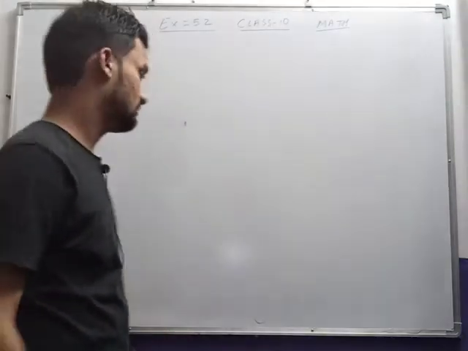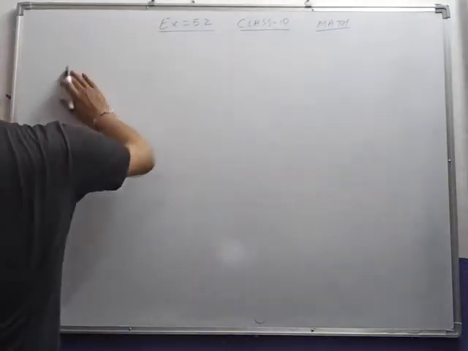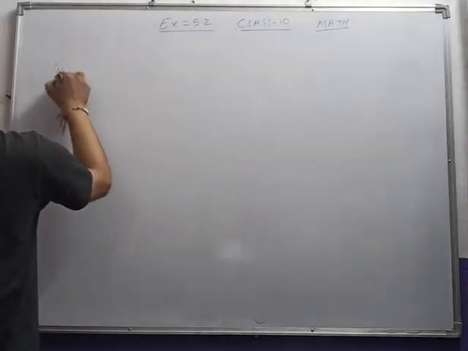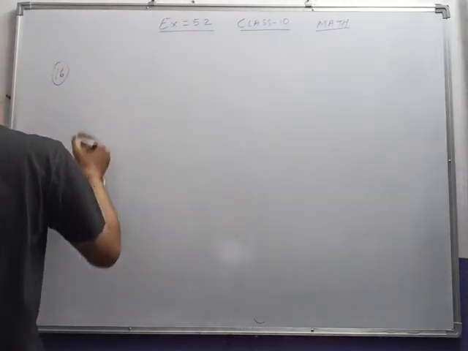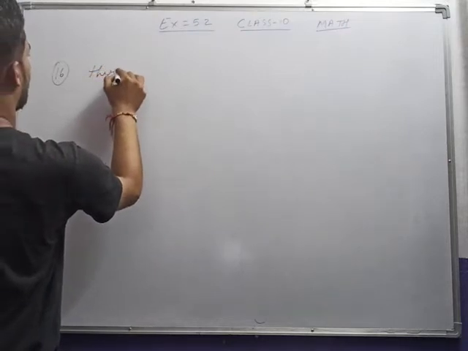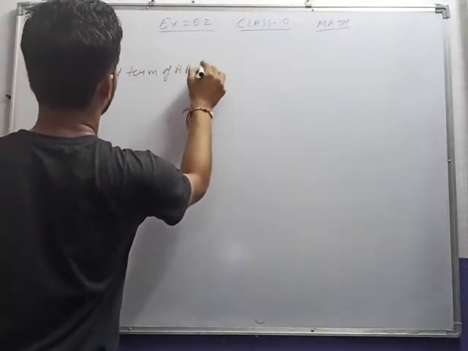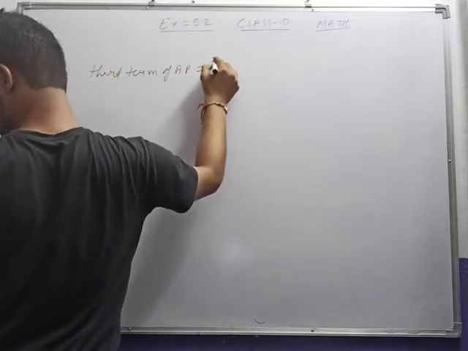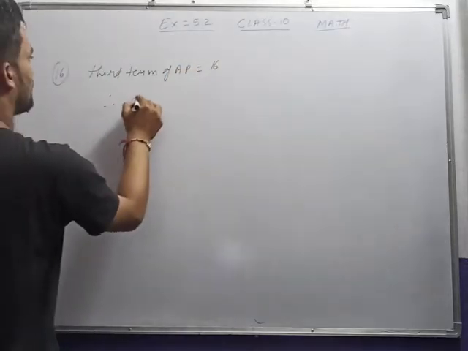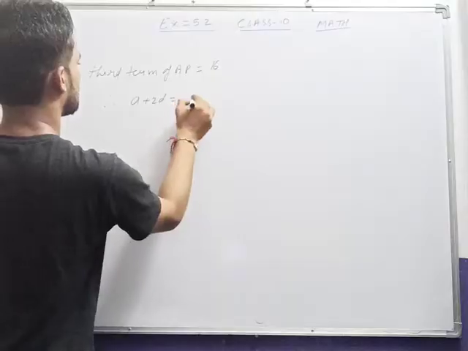Okay, the third term is given. So the third term of the AP is equal to 16. Therefore A plus 2D is equal to 16.